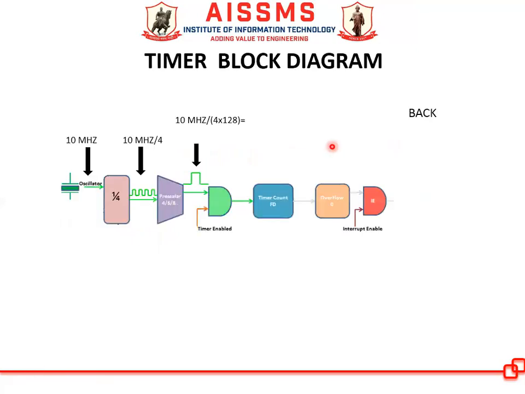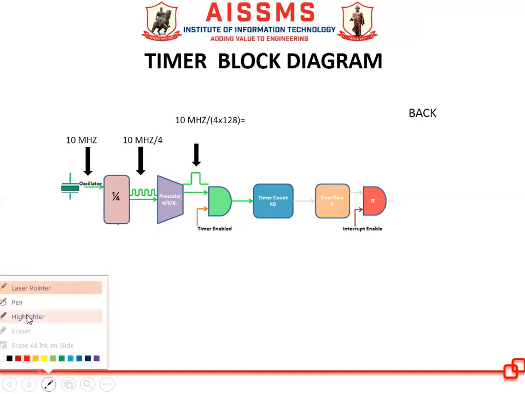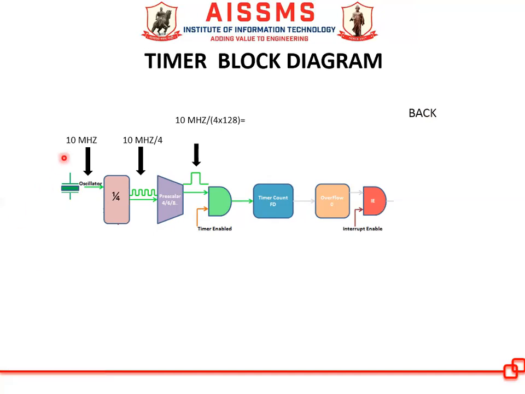For that, the oscillator frequency is 10 megahertz. In the previous slide, we have seen that the oscillator frequency divided by 4, divided by the prescaler value, will give you the frequency at which the timer works.